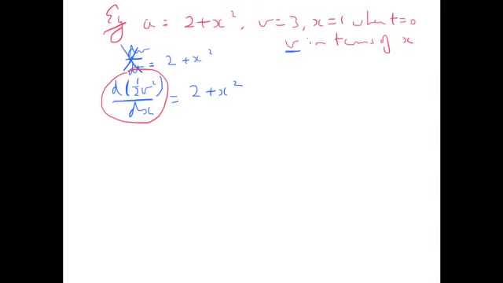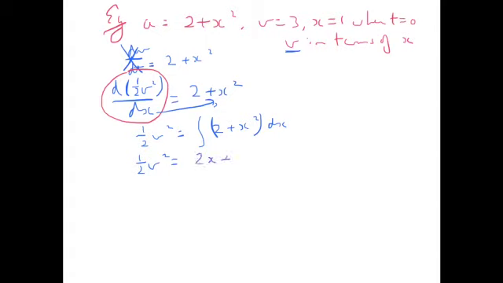So that means that a half v squared is equal to the integral of 2 plus x squared in terms of x. Just bring the dx over like we normally do when we anti-differentiate. So we get a half v squared is the antiderivative of this in terms of x.